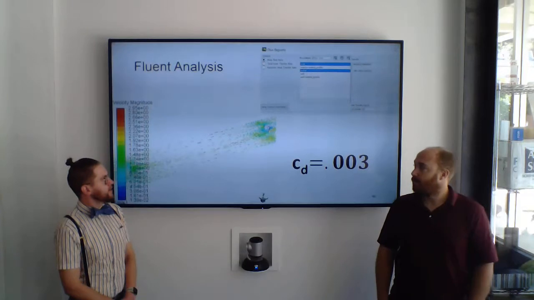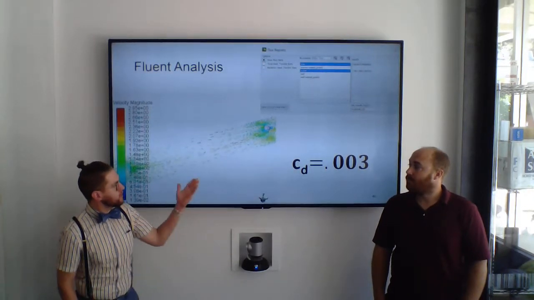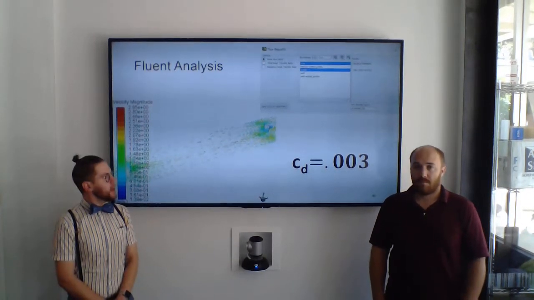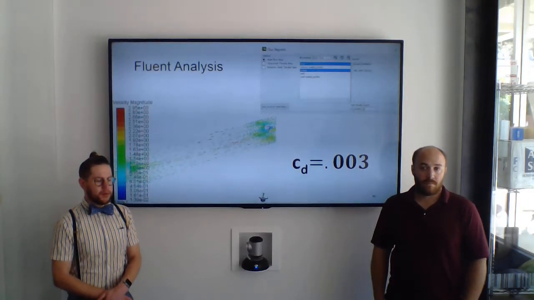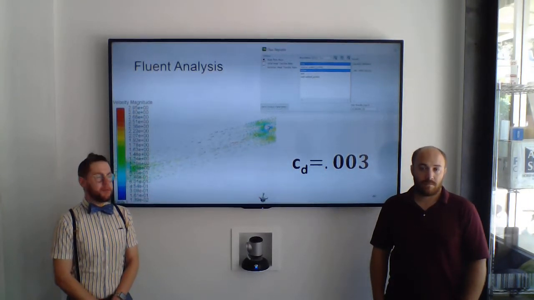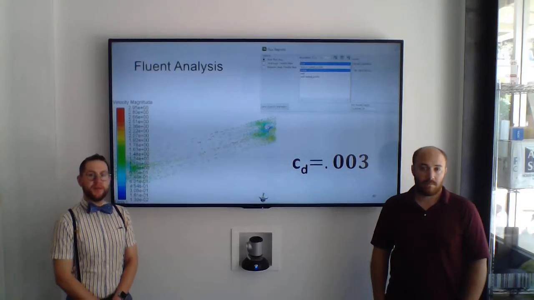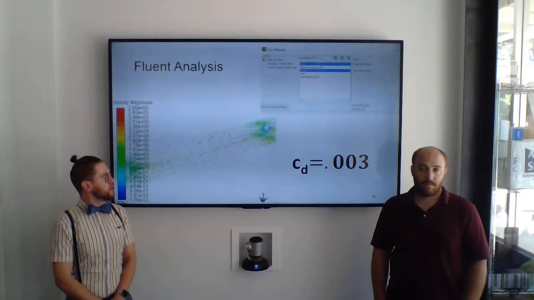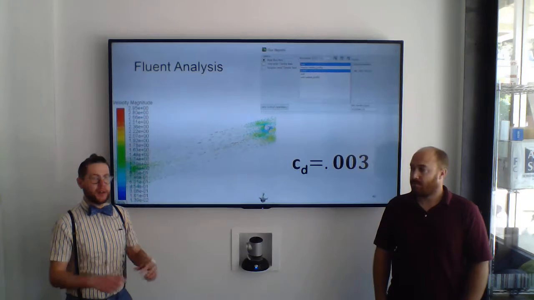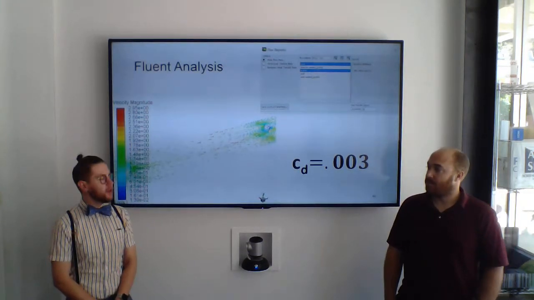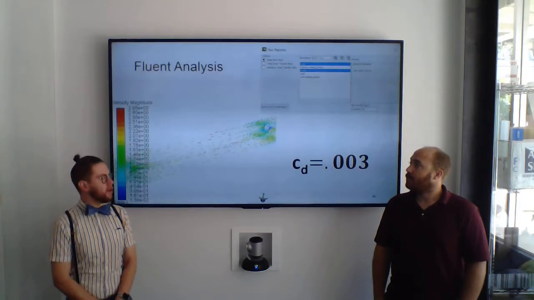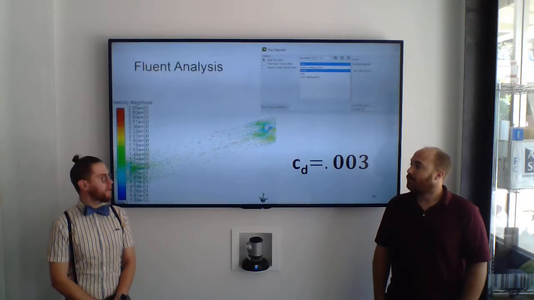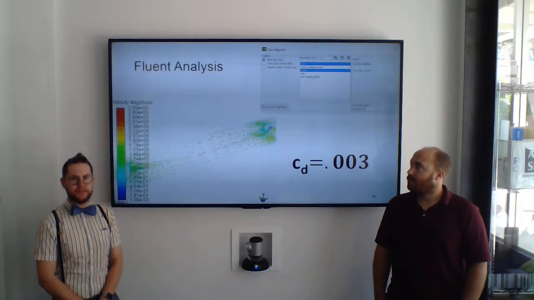But through ANSYS, we see the vortices and the flow would be turbulent, not laminar. So we did another calculation with turbulent flow. For this, we took the wetted frontal area of the kayak itself, and then did the hand calculation with that, but that also gave us a coefficient of drag of 0.003.